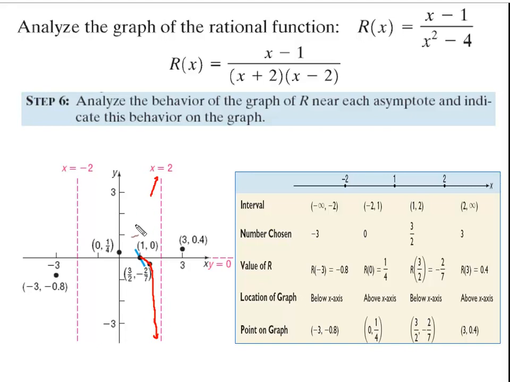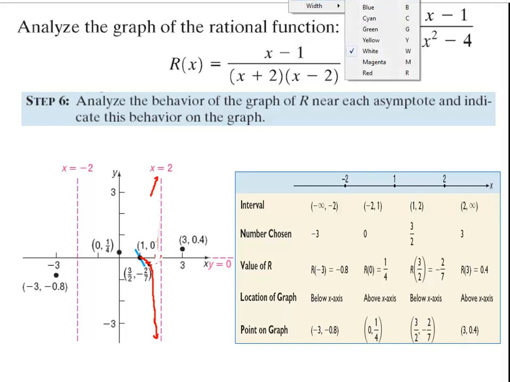The reason I know that's the case is if the graph was going to turn around and shoot up, I would have found an x-intercept right here, and I don't have an x-intercept there. So I know the graph isn't going to shoot upward. That's how it's going to behave.